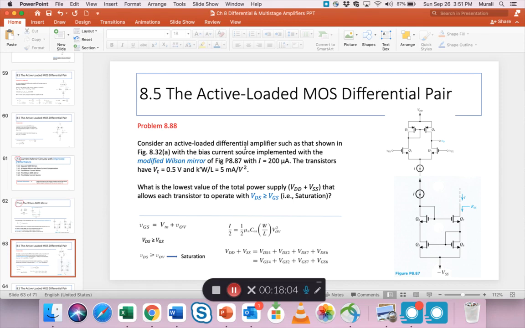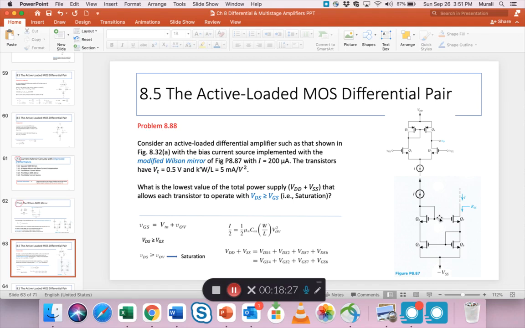So consider an active loaded differential amplifier such as that shown here, with the bias current implemented with the modified Wilson mirror. When you have two transistors here and the cascoding, it's called a modified Wilson mirror. If you only have one transistor, it's just the regular Wilson mirror.